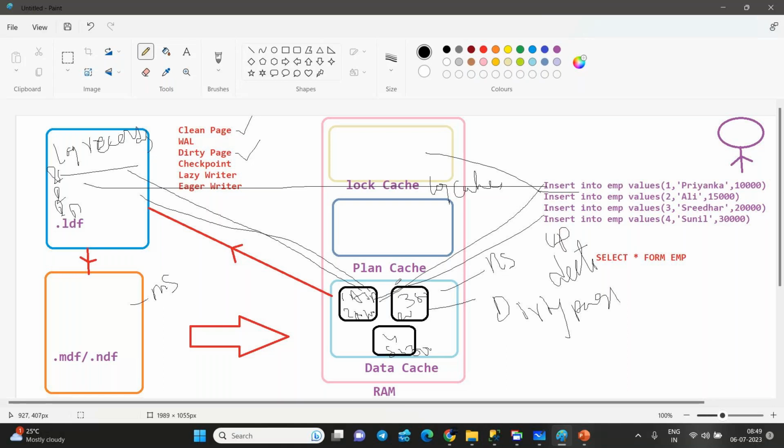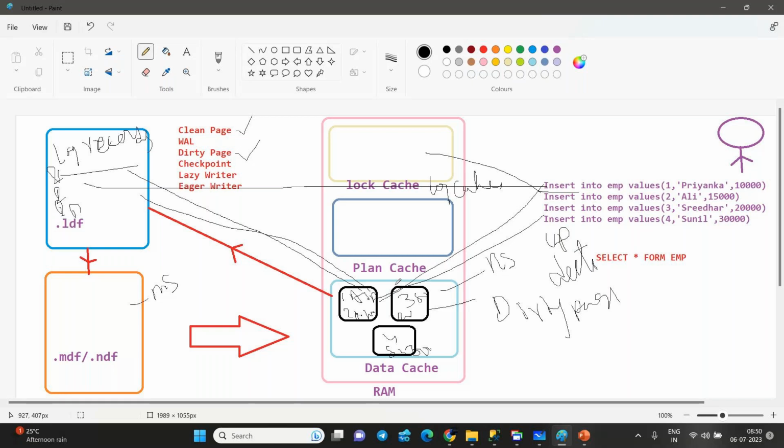A very, very important interview question, a very, very important process, and I will come back to it in the restore concept: the checkpoint. Very important. Everyone must and should know it. As a core database administrator, we must and should know about the checkpoint.